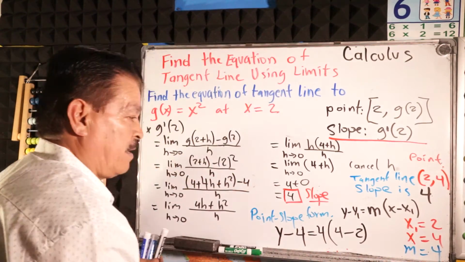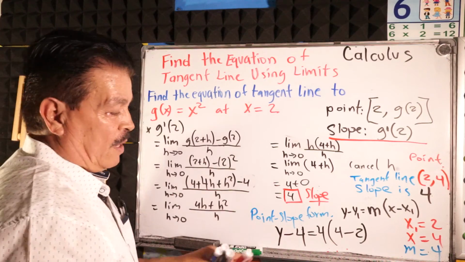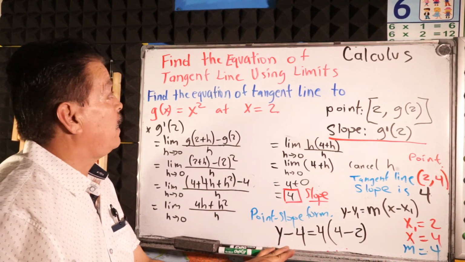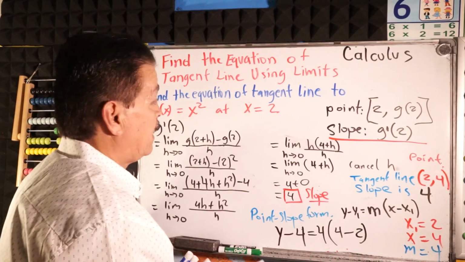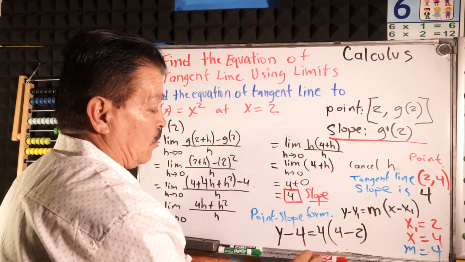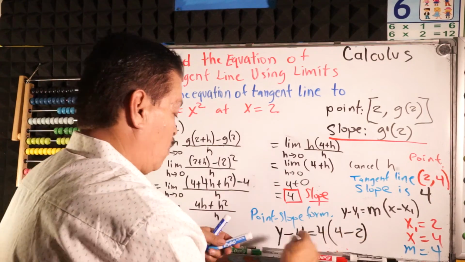All right. This is the solution of the problem. The equation of the tangent line is y minus 4 equals 4 times x minus 2. That is the equation of the line.